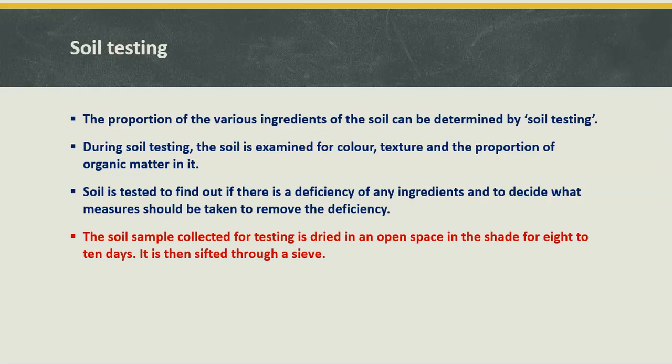Now, how exactly is this soil tested? The soil sample collected for testing is dried in an open space in shade for 8 to 10 days. It is then sifted through a sieve. Sieve is a strainer.